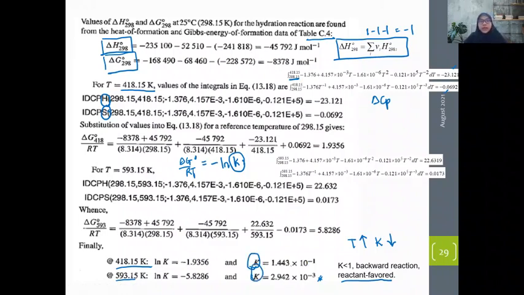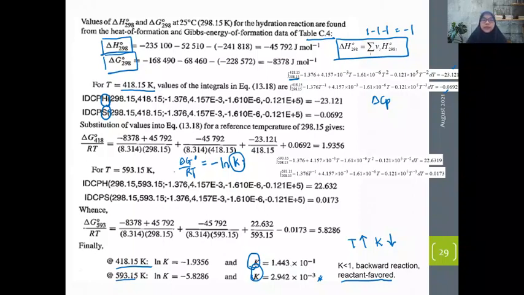I end my presentation by concluding that in this part, we have learned about the correlation of the equilibrium constant with the standard Gibbs energy change, and also the effect of temperature on the equilibrium constant. How can we obtain the equilibrium constant from the standard Gibbs energy and the standard enthalpy?